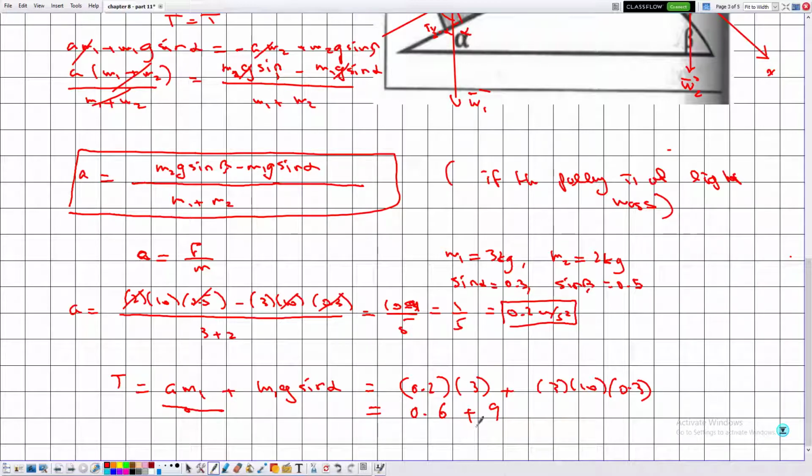Yes, so everything is correct. Now this is equal to 9.6 in newtons. So the value of the tension is given by 9.6 newtons.